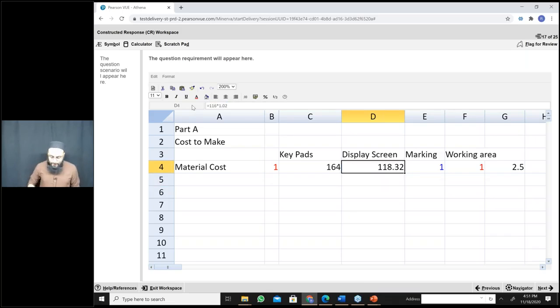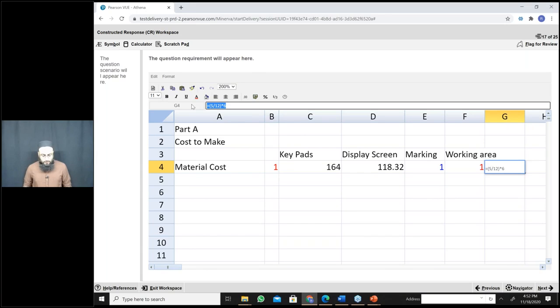For keypad, the rate of increase given to me was 5%. So I just divided by 12 to get the per month rate and multiplied that by 6 to get the 6-month rate, because it was mentioned in the question that this will be applied for the next 6 months, which means the rate increase will be for 6 months and not for the year.